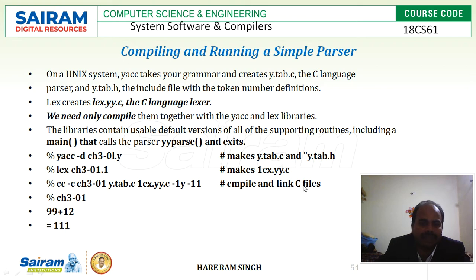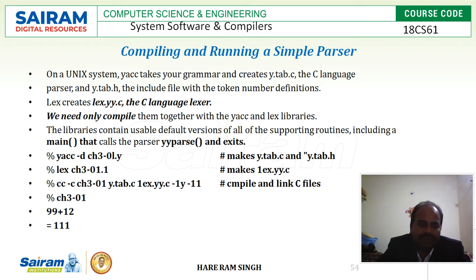Compile and link C files. Then the output name will be chapter3_01. We'll run it and then enter the input. Suppose 99 plus 12, it will give you 111. So this is how we can compile and run a simple Yak program.